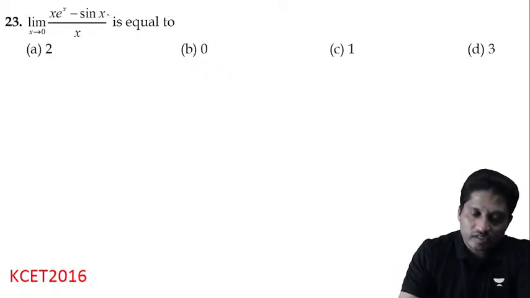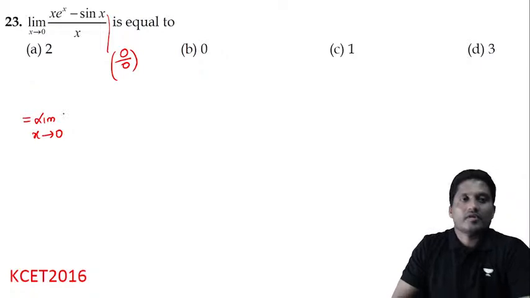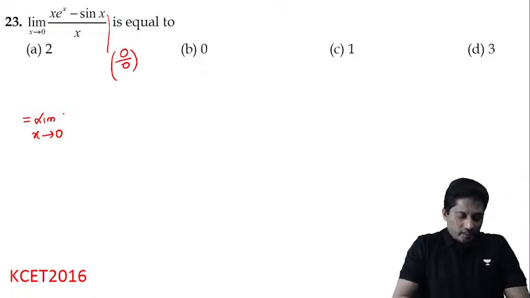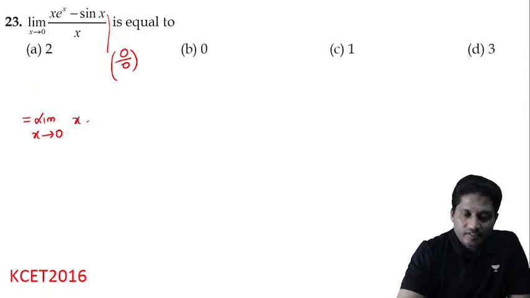If x is tending to 0, I'll get this as 0 by 0 form. So I'll differentiate the numerator and denominator separately. We'll use L'Hopital's rule. First function is x. Differentiation of e power x is e power x. Plus second function is e power x. Differentiation of x is 1. Differentiation of sin x is cos x.